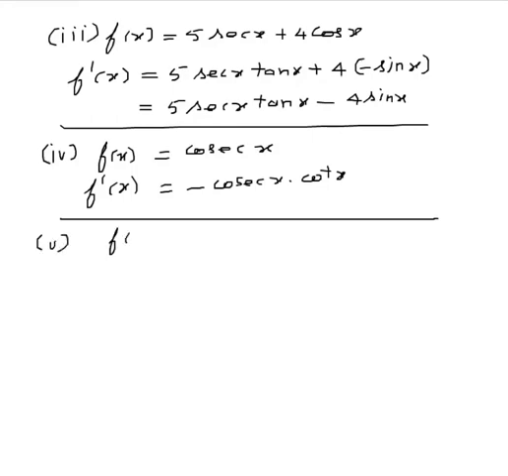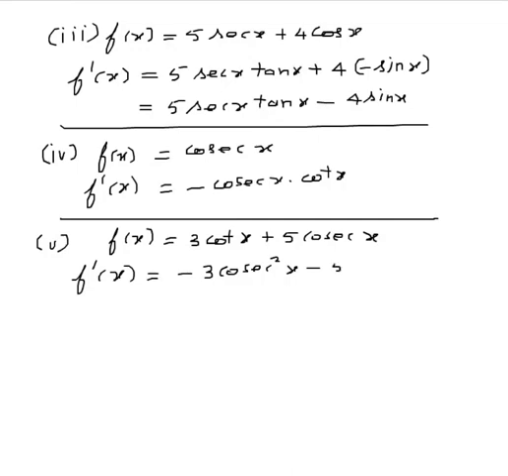Now fifth subdivision, f of x is 3 cot x plus 5 cosecant x, and f dashed of x is: derivative of cot x is minus cosecant square x. So it becomes minus 3 cosecant square x, and derivative of cosecant x is minus cosecant x into cot x. Therefore, this sign becomes negative, minus 5 cosecant x into cot x.